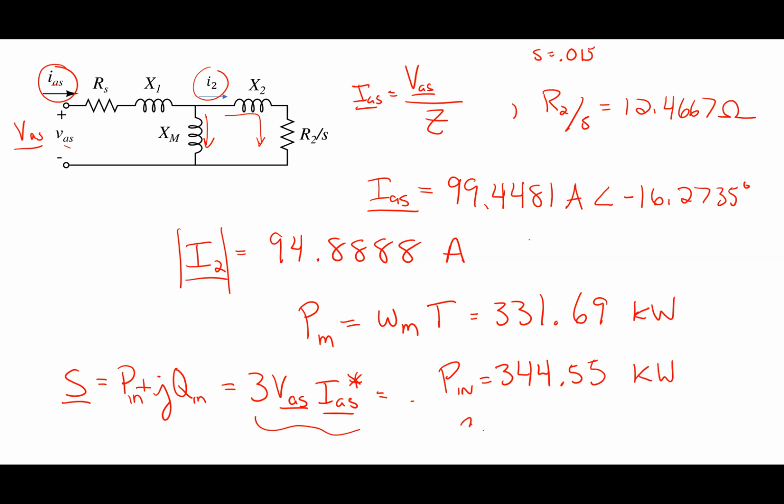So my efficiency, which is the mechanical output power divided by the input power electrically going into this thing, works out to be 0.9628. That says this guy is 96% efficient. A little bit higher probably, because I haven't included the friction losses and stuff like that.